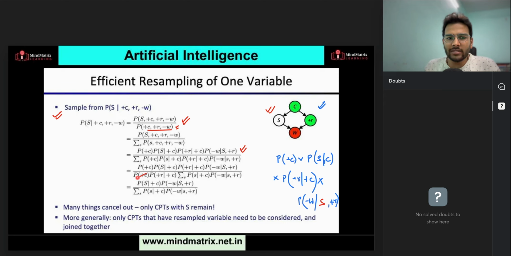Now you have just these terms remaining: the probability of S given plus C into the probability of minus W given S and plus R, divided by the summation over this. Is this clear so far? Do you have any doubt? Anyone having any doubt?